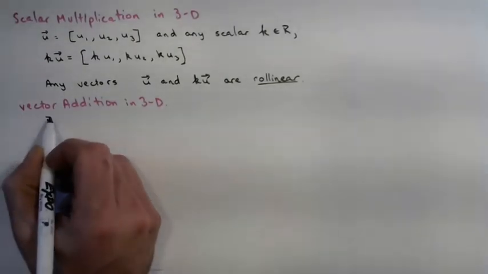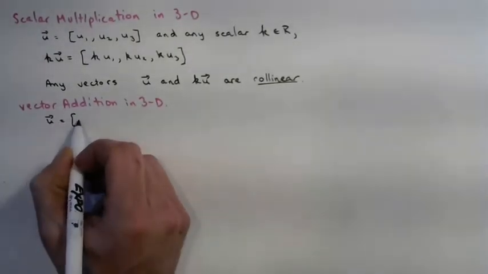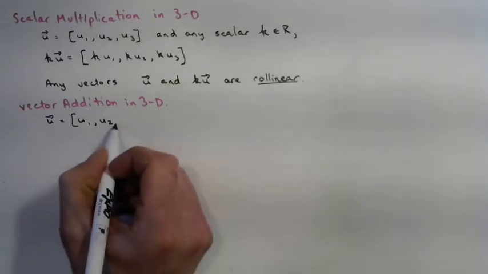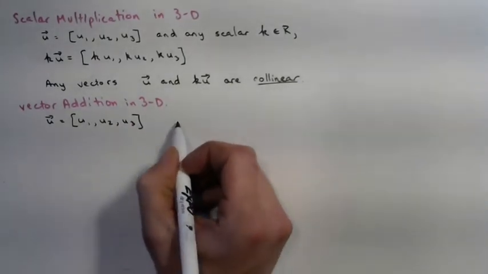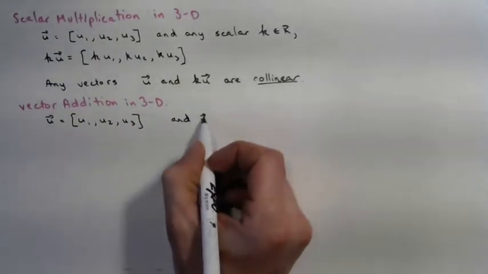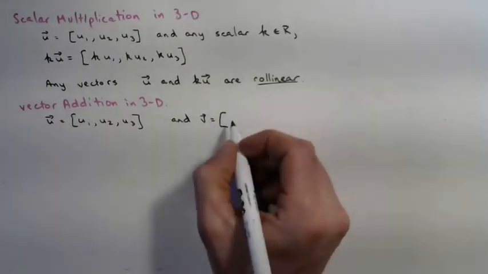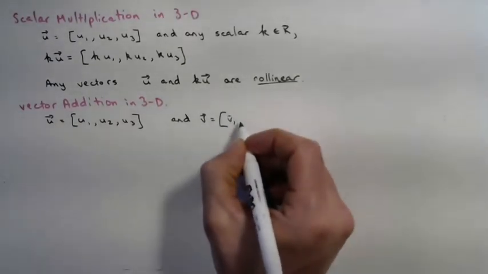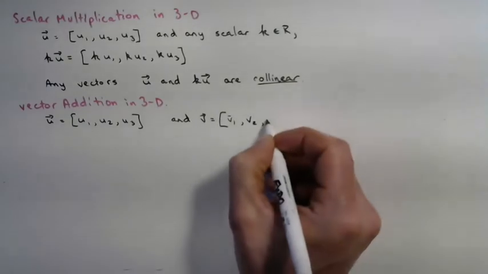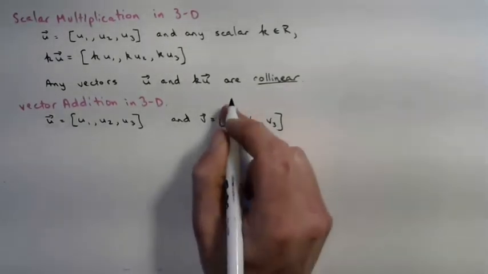So let's say you have vector u defined by the coordinates u1, u2, u3, and you have vector v by the coordinates v1, v2, v3.